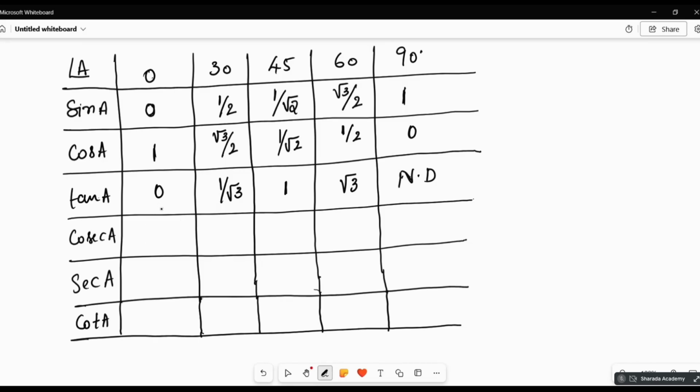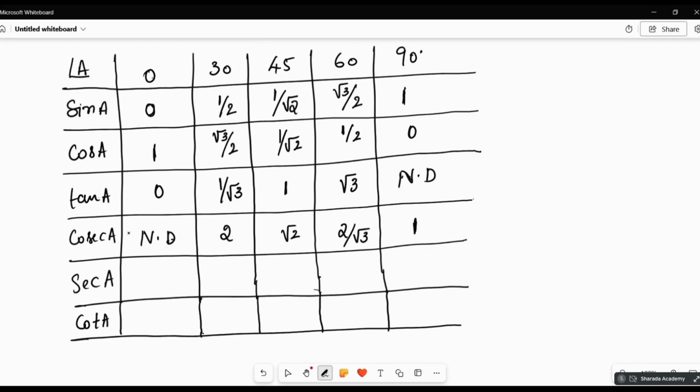Then cosecant 0 is not defined. Cosecant 30 is 2. Cosecant 45 is root 2. Cosecant 60, 2 by root 3. And cosecant 90 is 1. So cosecant will be the reciprocal of sine.